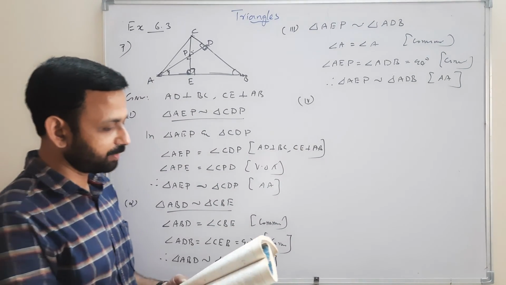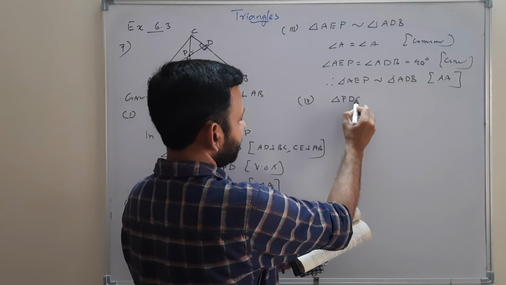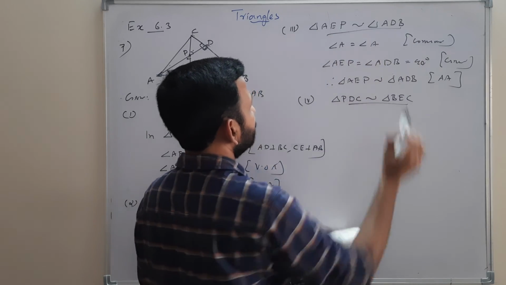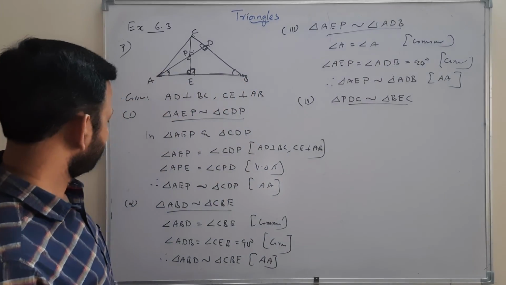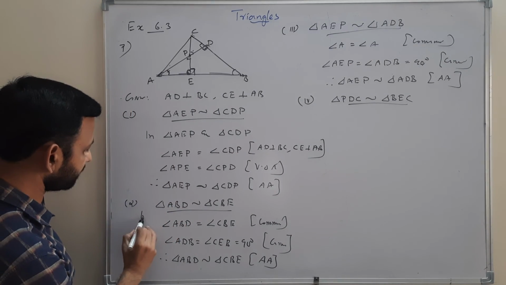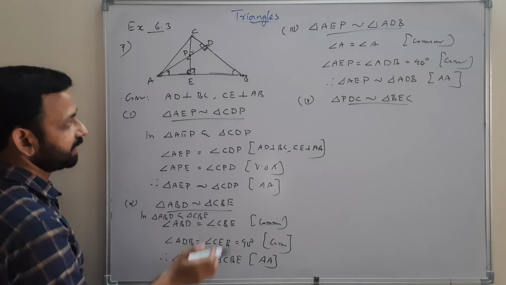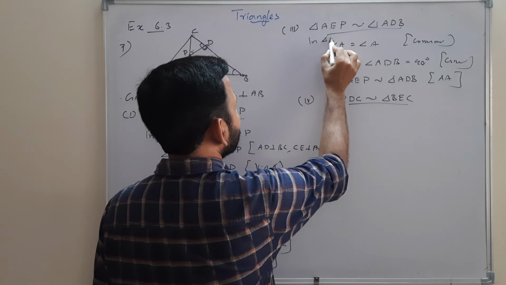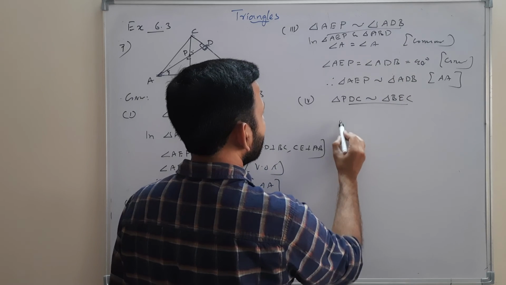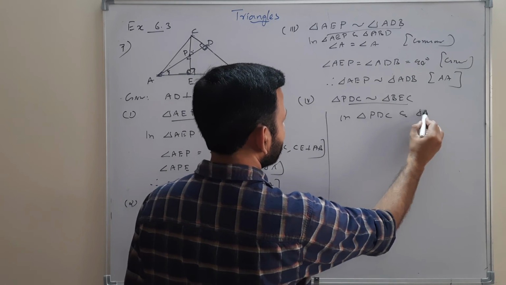In the fourth part we are going to prove triangle PDC similar to triangle BEC. So here we will write in triangle ABD and triangle CBE, and similarly here also in triangle AEP and triangle ABD, and here in triangle PDC and triangle BEC.